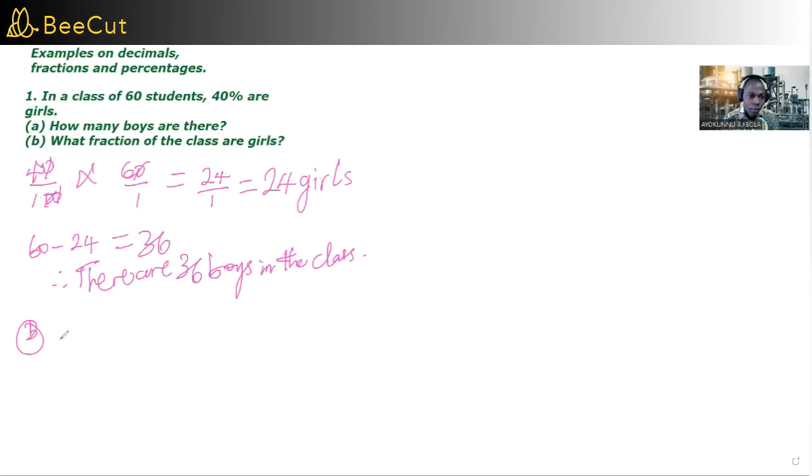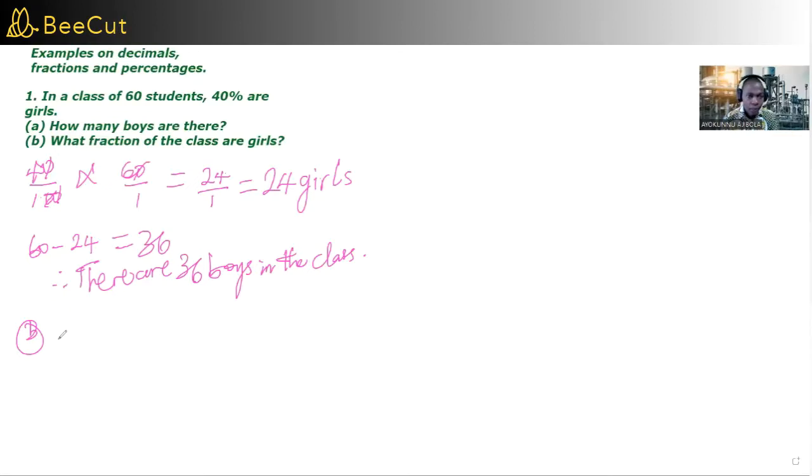So what am I going to write in the second one now? What fraction of the class are girls? Just look at this and tell me what you think we should do.